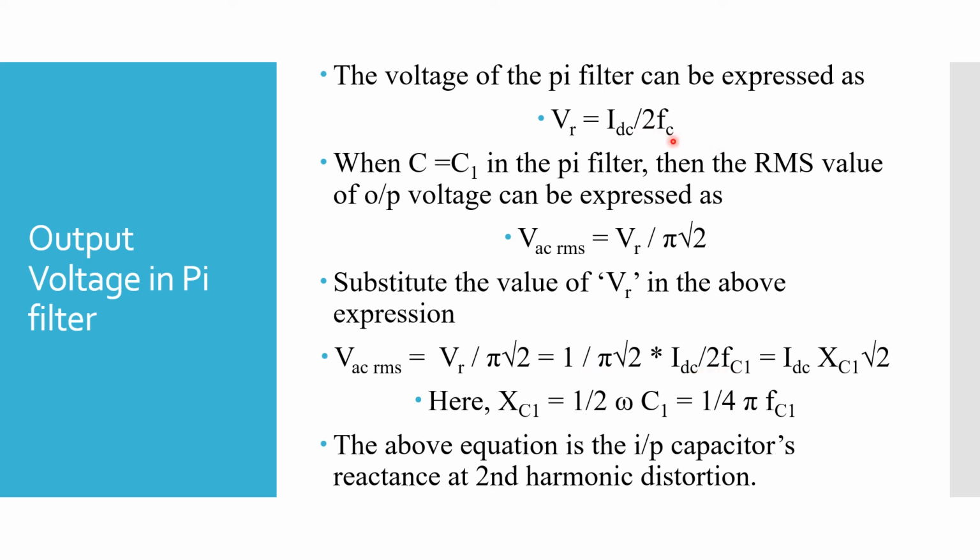We have simply written this C as C1. So this equation becomes simplified and it comes out to be IDC into XC1 into root 2, where XC1 is nothing but 1 by 2 omega C1, which is nothing but 1 by 4 pi FC1. This is in terms of frequency. So this is the equation at second harmonic distortion.